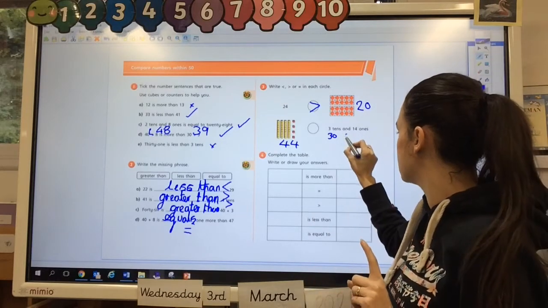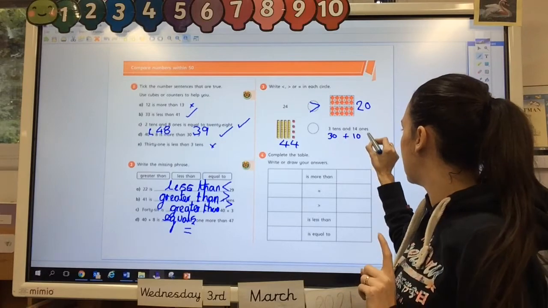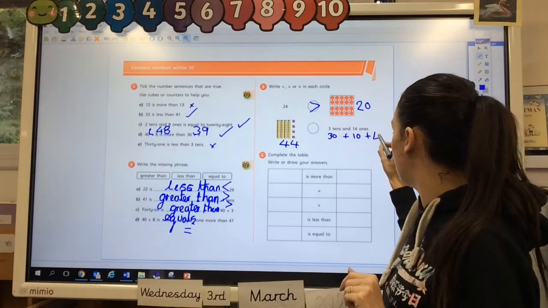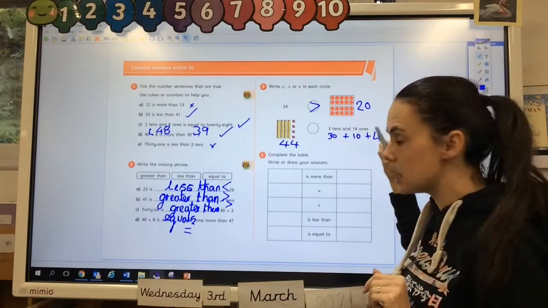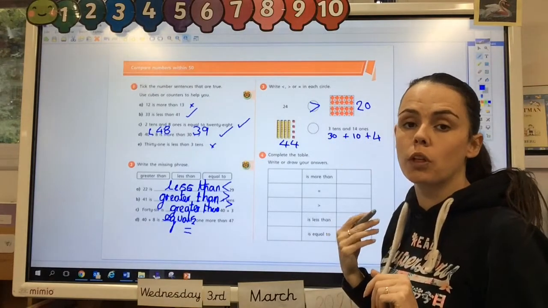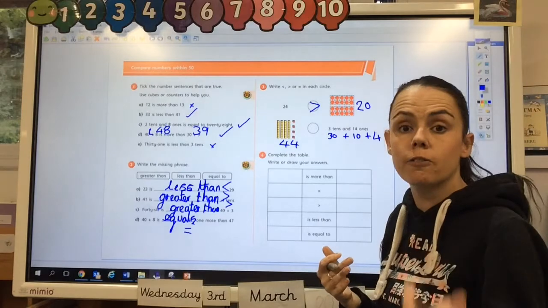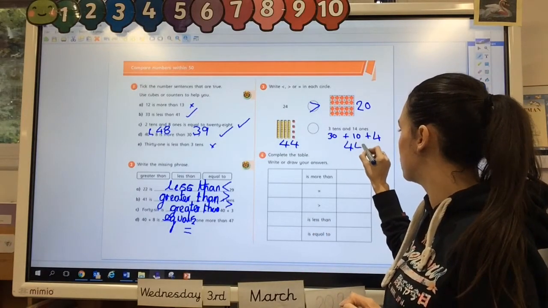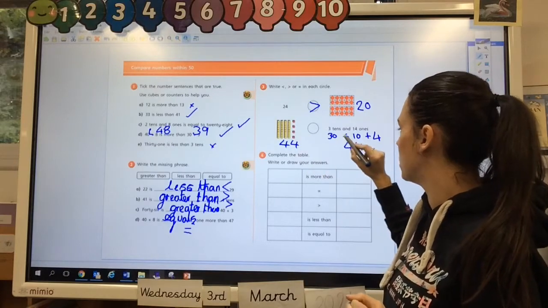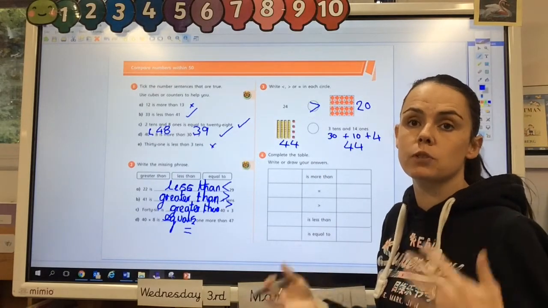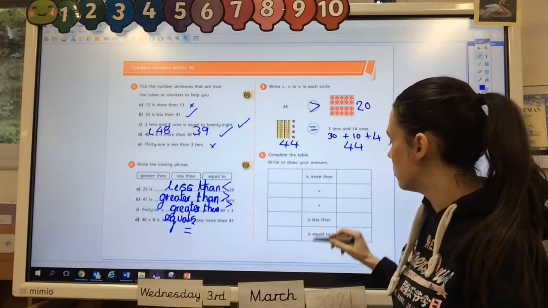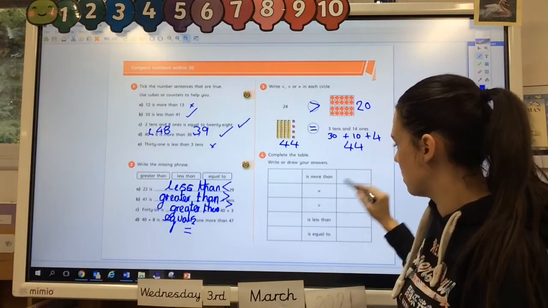So we've got 30 and then 1 ten. And then how many ones? 4. So we will have 30 plus 10 plus 4. So 30 plus 10 is 40. And then plus 4 is 44. So that's 44. 44 to 44. Well, what's 44 to 44? It's the same as, isn't it? So equals.